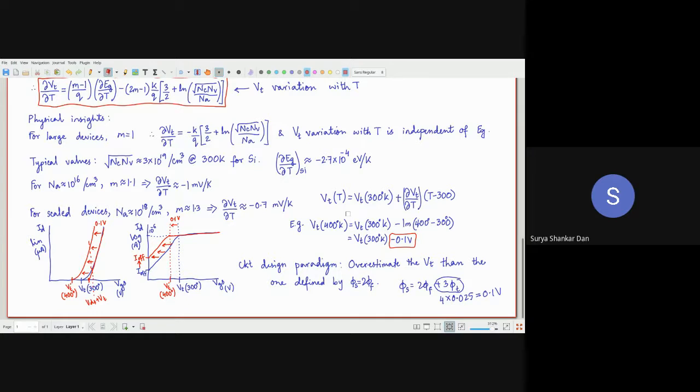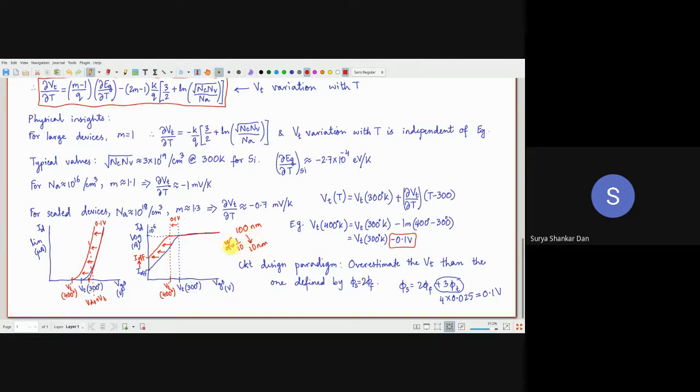So not only VDD, if you are going from, let us say, 100 nanometers to 10 nanometers, the factor is 1 upon 10, right? So the potential also has to change by the same factor alpha.